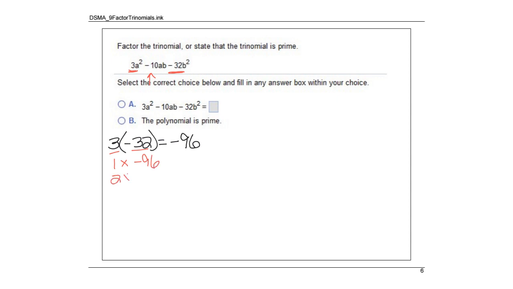Let's see, 2 goes in there. That would be negative 48. 3 goes in there. 4 goes in there. 5 does not. 6. There we go, I think.